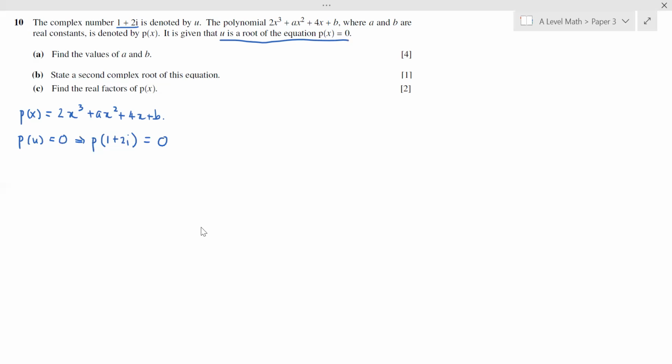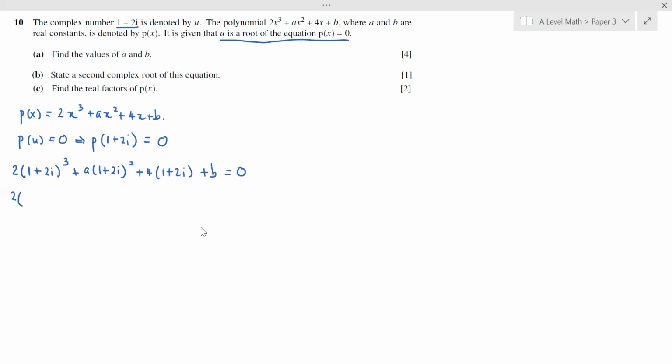Now what we do is we replace x with 1 plus 2i and set p of x to 0. We have 2 times (1 plus 2i) to the 3, so replace x with 1 plus 2i, plus a times (1 plus 2i) squared, plus 4 times (1 plus 2i), plus b equals 0.